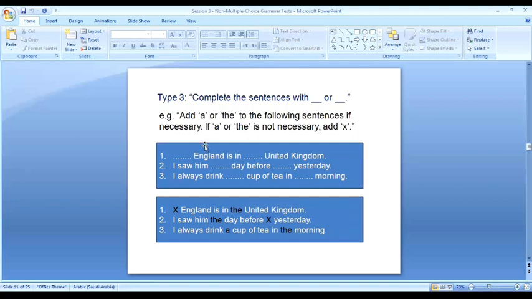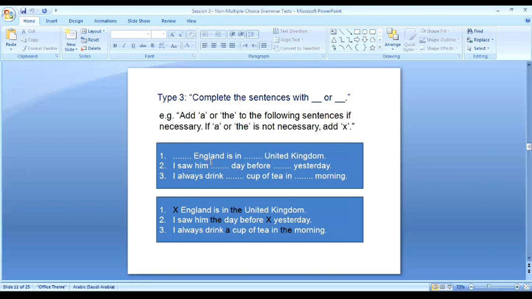We say England is, so we don't say the England, we don't say a England, just England. So in the answers, that's why we put x. There is no a, there is no the. So it's just, we say England is in dash dash United States. We say in the United States or United Kingdom, sorry.